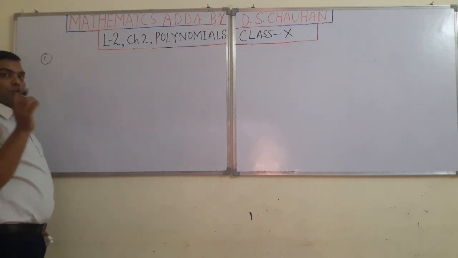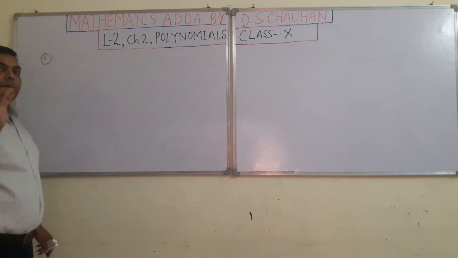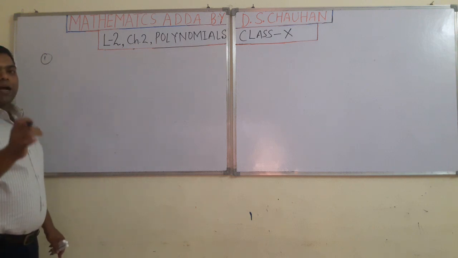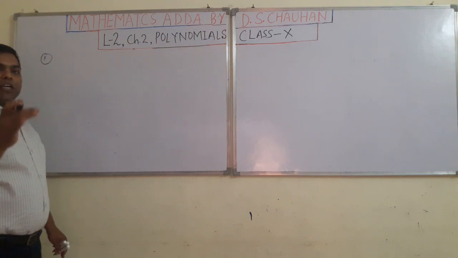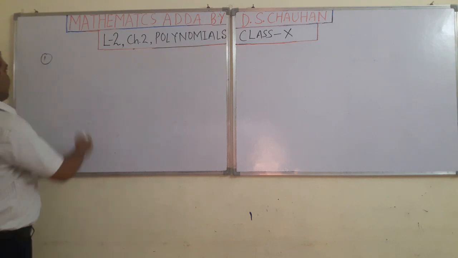Suppose you have to write a quadratic polynomial whose sum and product of the zeros are given.